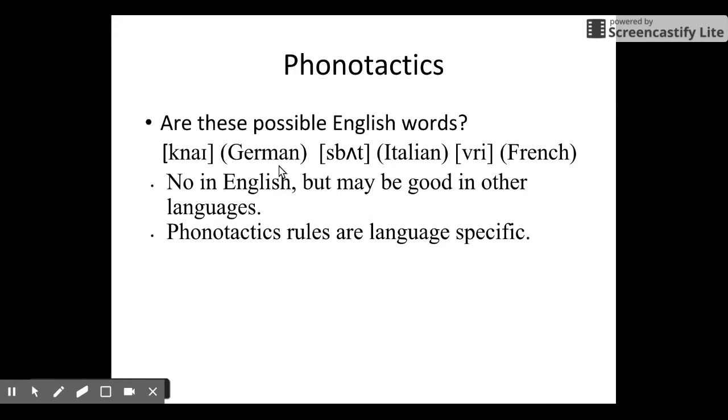All of them are not possible English words because English just does not like this combination within the same syllable and this combination within the same syllable. However, in other languages, they are perfectly grammatical. So again, phonotactics rules are language specific.